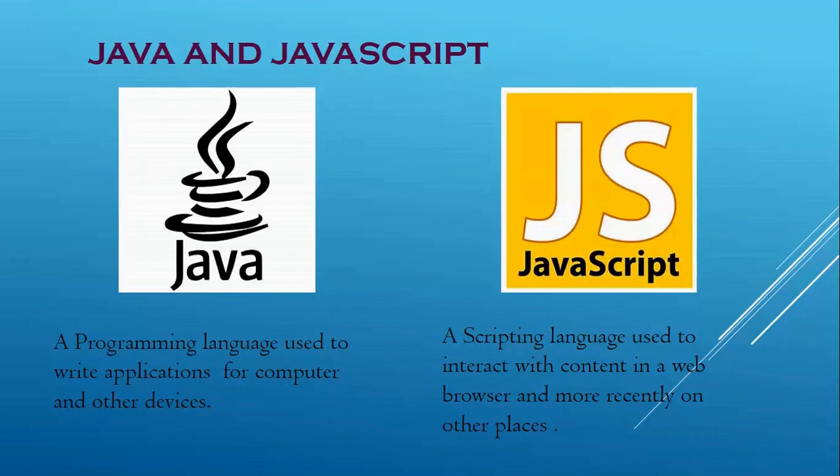Java is a programming language used to write applications for computers and other devices. And on the other hand, JavaScript is a scripting language used to interact with content in the browser and, more recently, in other places. The only thing common between them is that they both have the same word Java in their names.